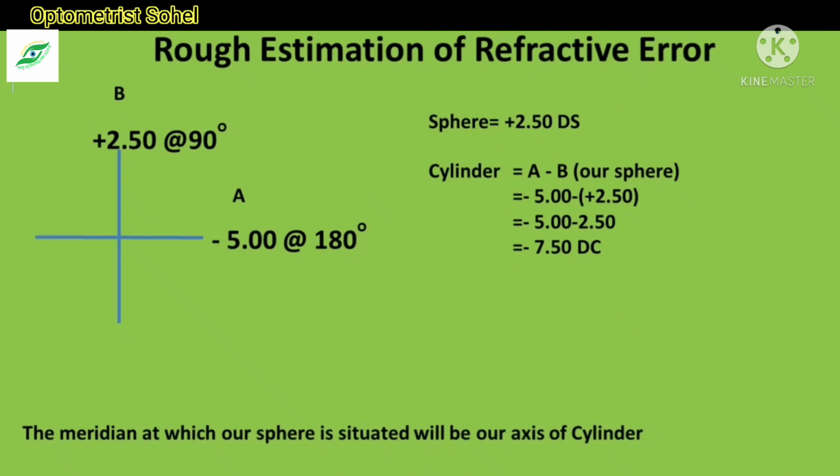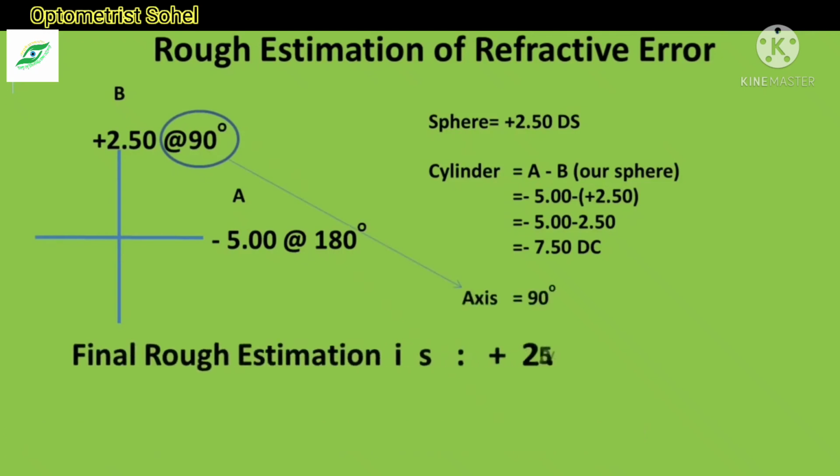The meridian at which our sphere is situated will be our axis of cylinder. Axis equals 90. Final rough estimation is +2.5 with -7.5 at 90 degrees.